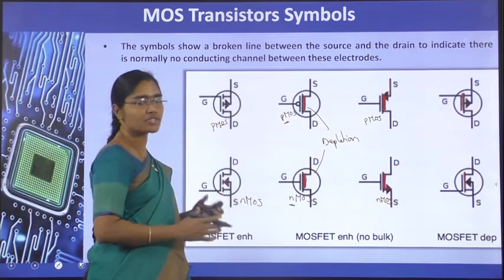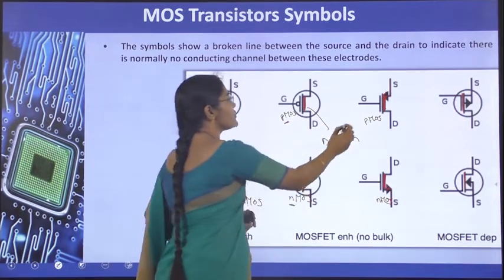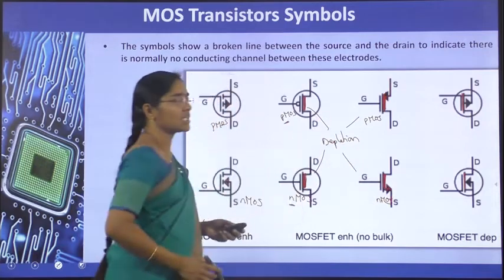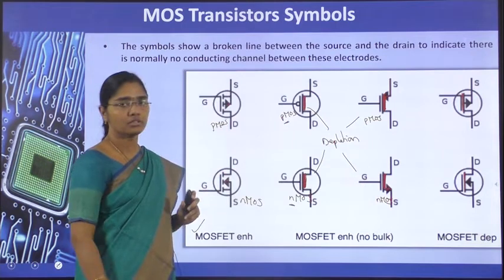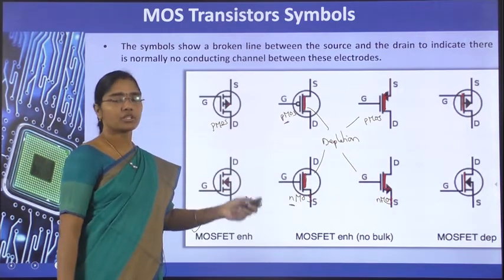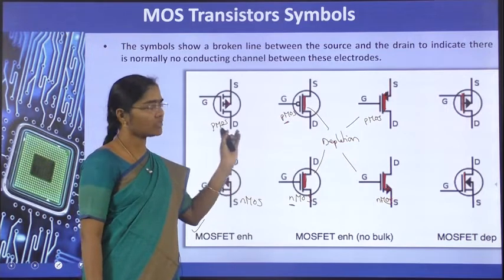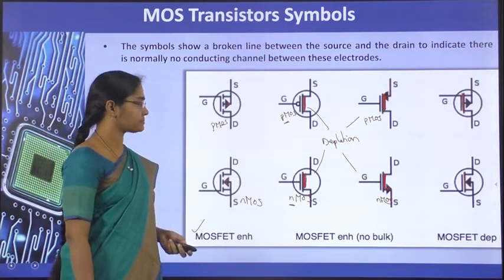Physical existence of channel is represented with this thick line. This is also the depletion mode transistor symbol with the arrow of 3 terminal transistors. These symbols are used in different books. So we are going to use any one of the sets for the representation of the circuits.